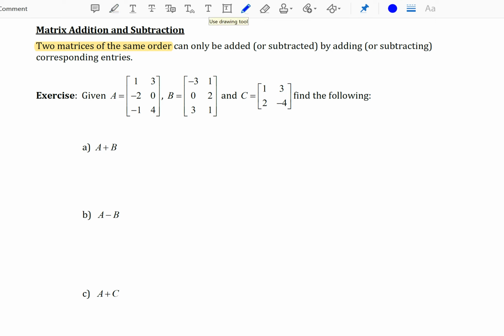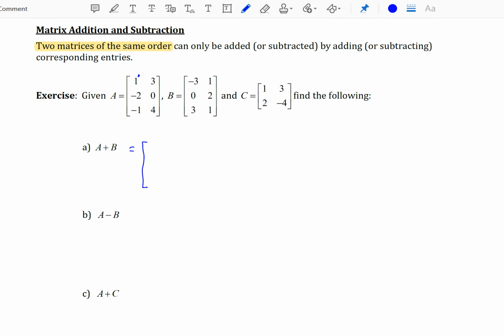Let's look at this example. Consider the sum of matrix A plus B. If we're going to add matrices A and B together, we want to do it in the most natural sense. And so we want to add their corresponding entries.